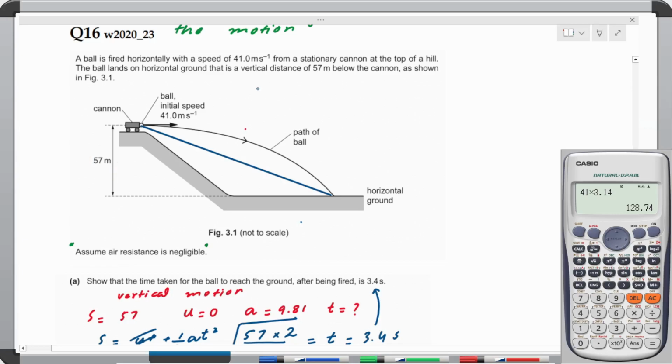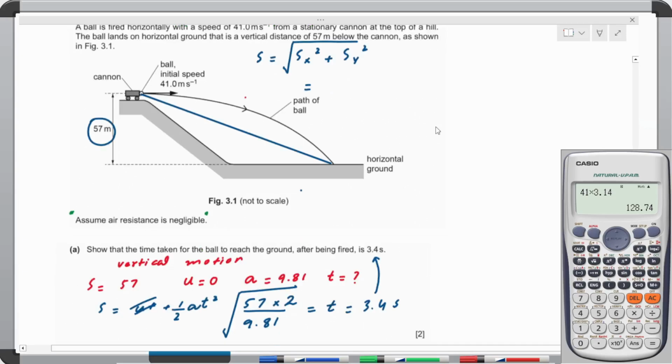So the displacement would be the square of the horizontal distance plus the square of the vertical distance, and then the square root of it. So we do have the value of vertical, and we do have the value of horizontal, which we just calculated, 129.